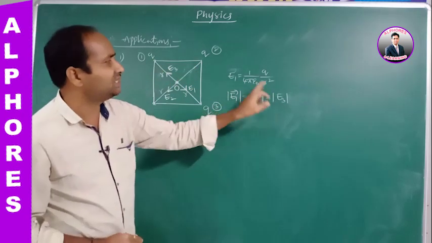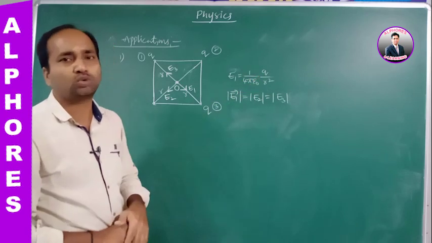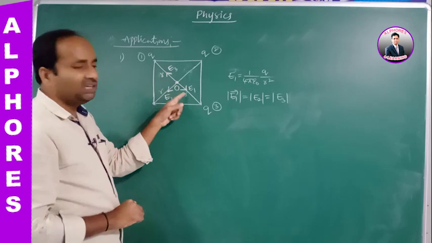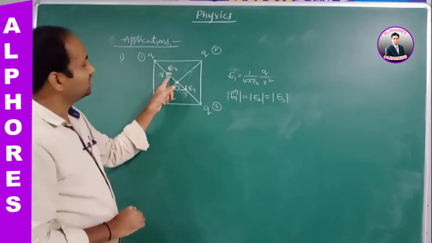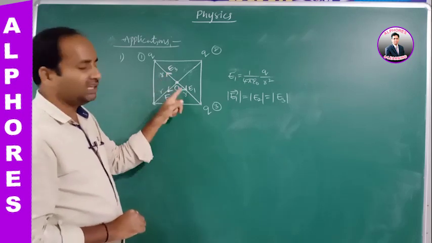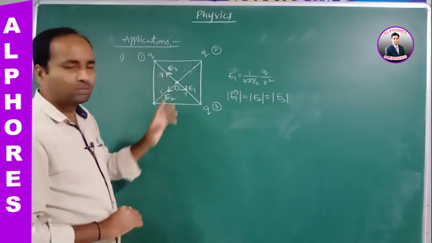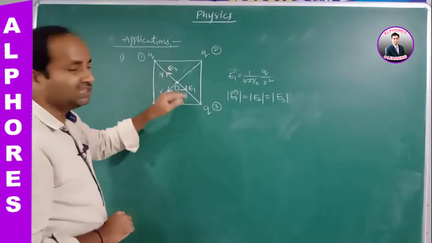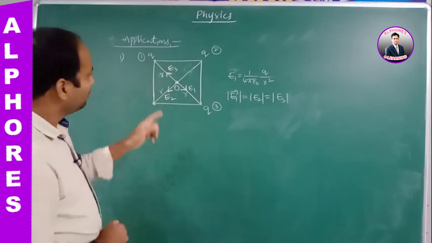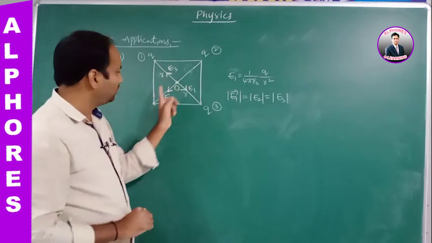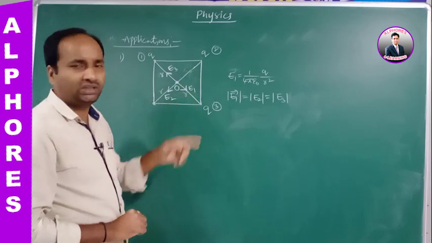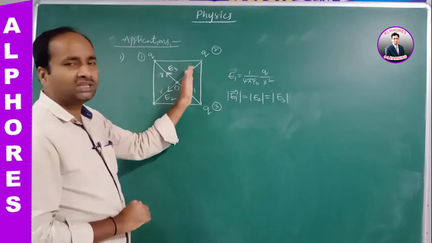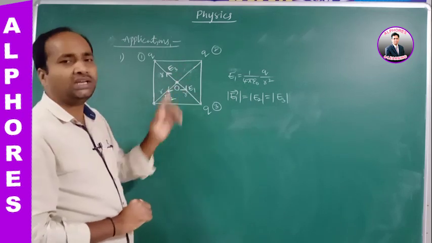What is the magnitude of intensity of electric field? E1, E2, E3 are equal to 1 by 4 pi epsilon naught Q by R square. But again, E1, E3 are equal magnitude, opposite directions. They cancel with each other. But to cancel E2, there is no E4 here in this condition. There is no opposite intensity of electric field to E2.